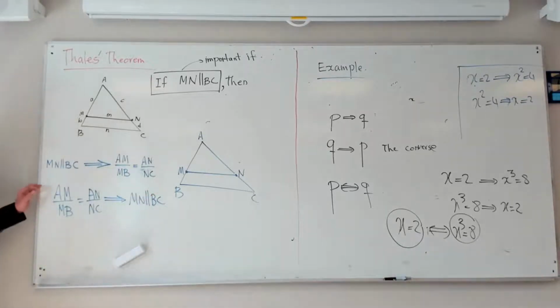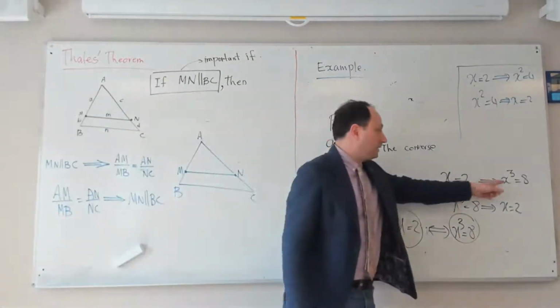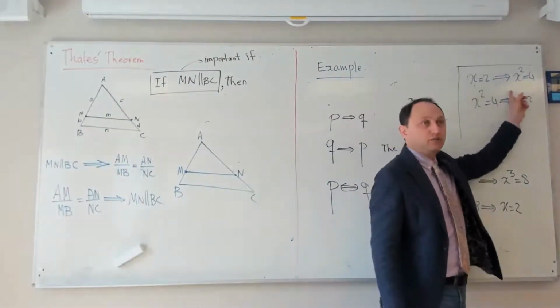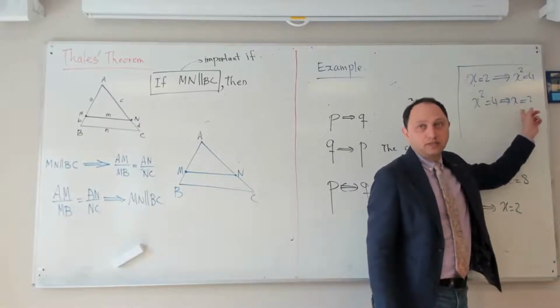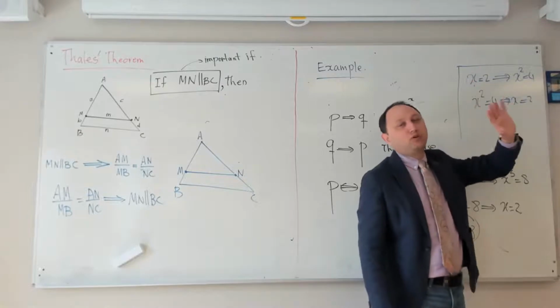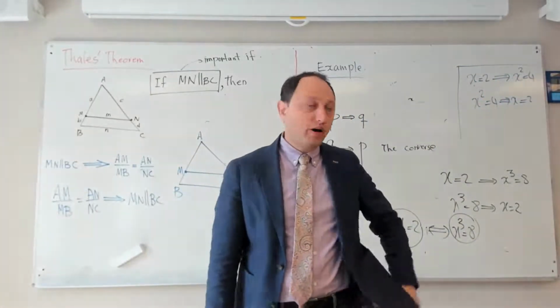Some students, especially novice students, will take this one also for granted. This is not generally true, I told you. Here was an implication whose converse was true, but there was an implication whose converse was wrong. Because an implication is true, you cannot conclude automatically that the converse is also true. The converse might be true or might be wrong.